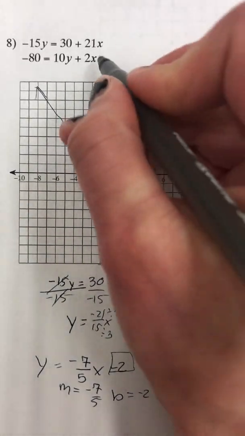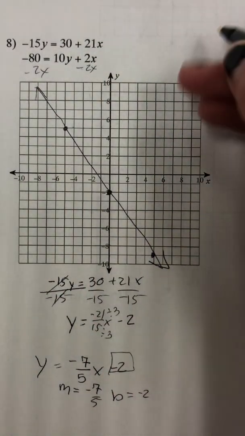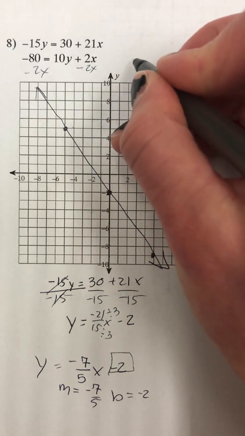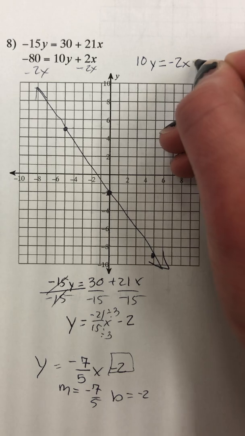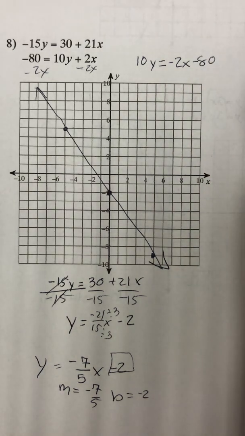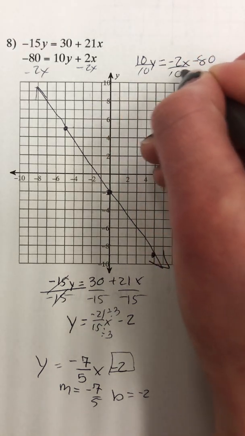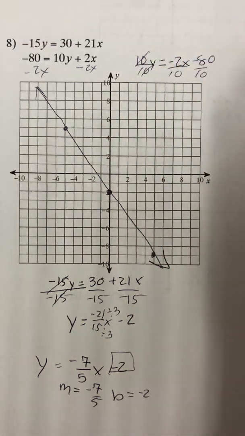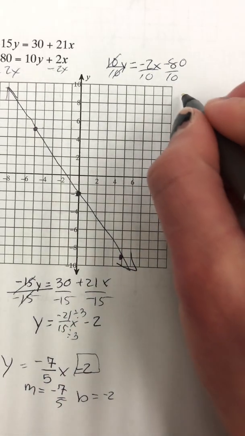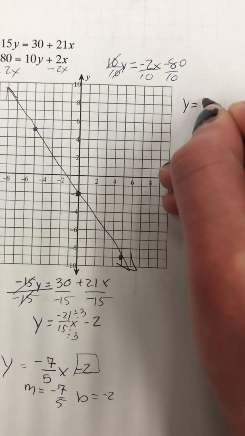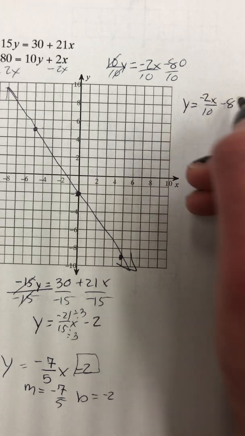We need y by itself. I'm going to move my 2x over. If I move my 2x over, that gives me 10y equals negative 2x minus 80. I'm going to divide by 10. Those are going to cancel out, giving me y equals negative 2x over 10 minus 8.